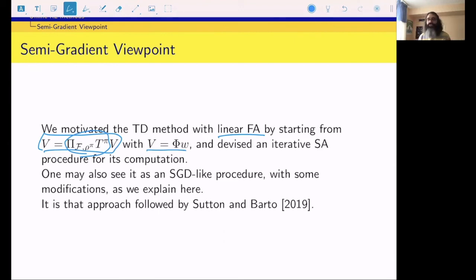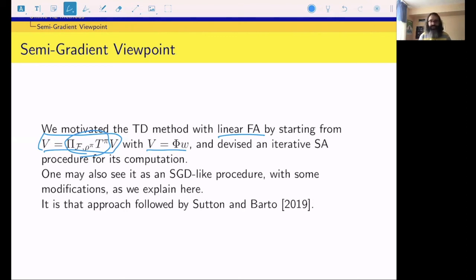I showed two ways of doing it. But then the question is: why can't we do something like stochastic gradient descent, the procedure that people in machine learning use, especially in supervised learning, to minimize their loss functions?